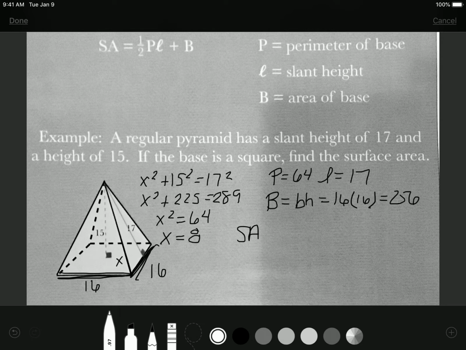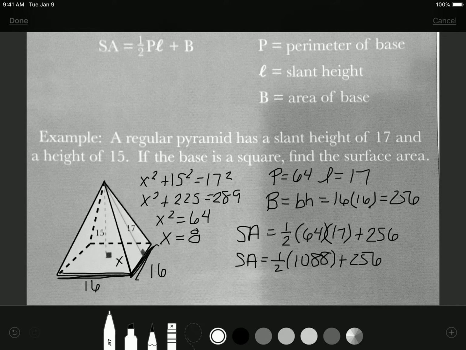So surface area for our pyramid is 1/2 times 64 times 17 plus 256. Okay, so we'll take this in baby steps here. 64 times 17 is 1088, and we're going to take half of 1088 plus 256.